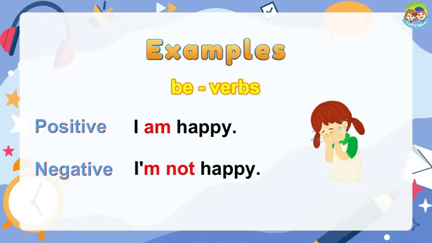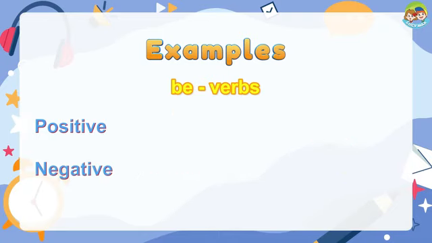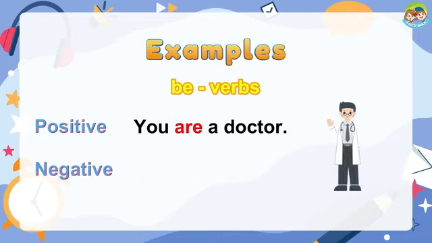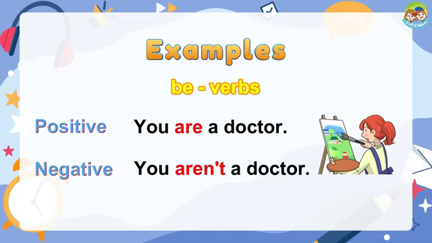Not comes after the be verb am. The next one, you are a doctor. The negative is you aren't a doctor. Not comes after the be verb are.